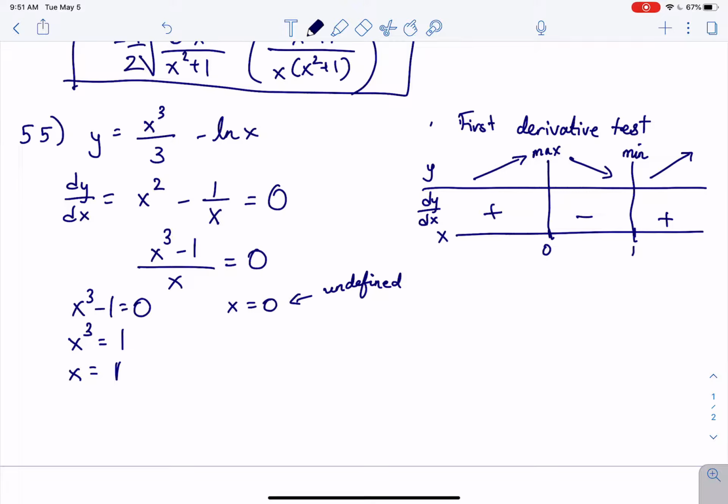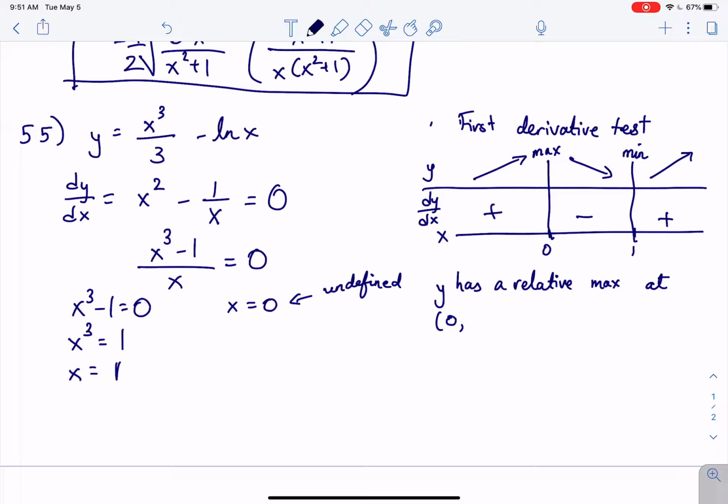So looking at this, I can say that y has a relative maximum when x is 0. Well, let's also figure out what y is. Right, so at 0 comma, well, if I put in 0 in here, 0 cubed over 3 is 0, and the natural log of 0, well, what is the natural log of 0? That doesn't exist, right?